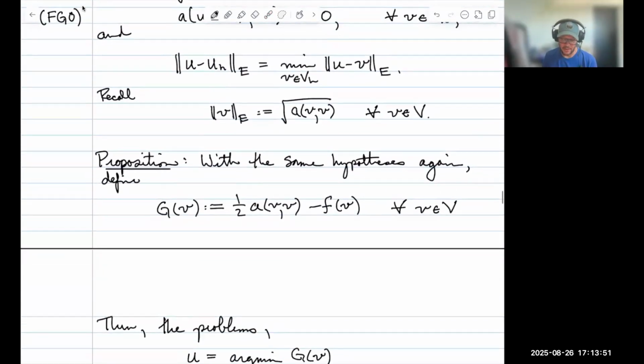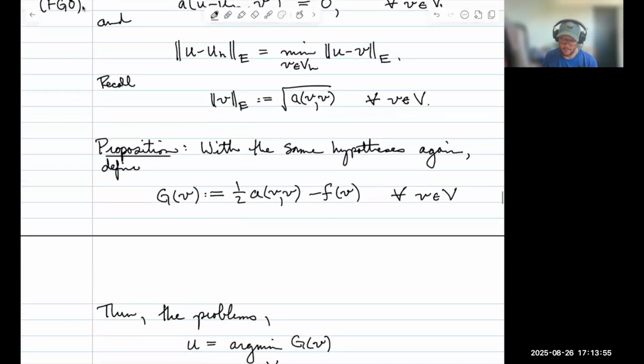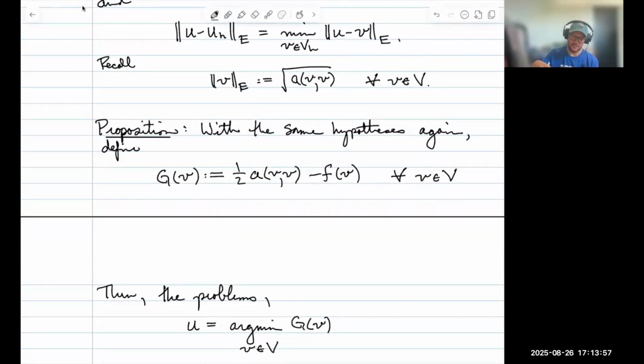Furthermore, what else can I say? With the same hypothesis as above, I can also recast the weak formulation as an optimization or variational problem.